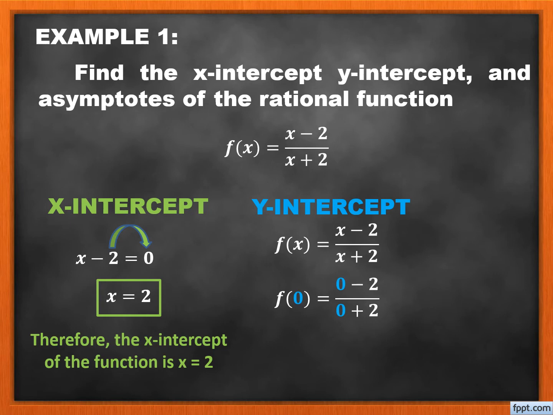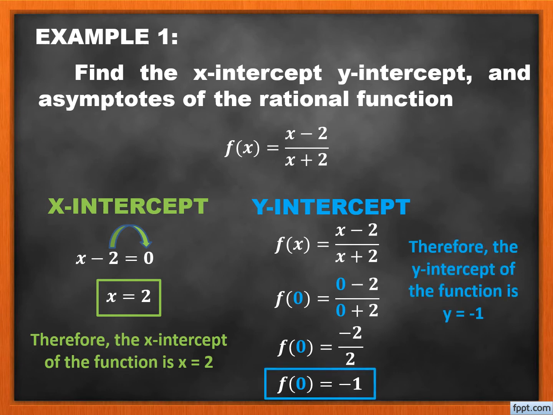When solving the right side of our equation, we have 0 minus 2 is negative 2 and 0 plus 2 is positive 2. Then we have f of 0 equals negative 2 divided by 2. And negative 2 divided by 2 is negative 1. Therefore, f of 0 equals negative 1. So therefore, the y-intercept of our function is y equals negative 1.